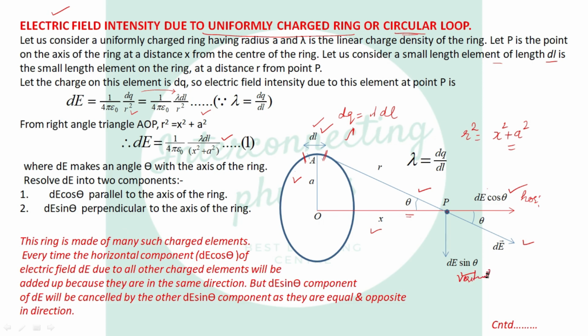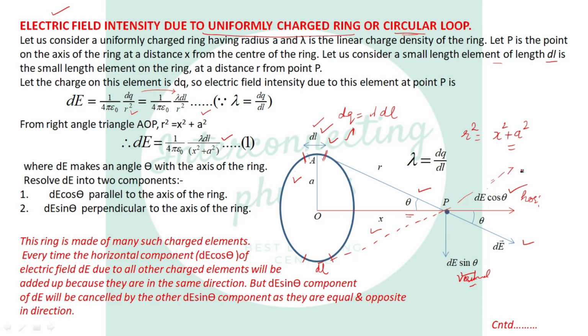Now if we take this dl here, then an equal and opposite element will be present here, dl. And due to this length element, the direction of the electric field will be given by this.